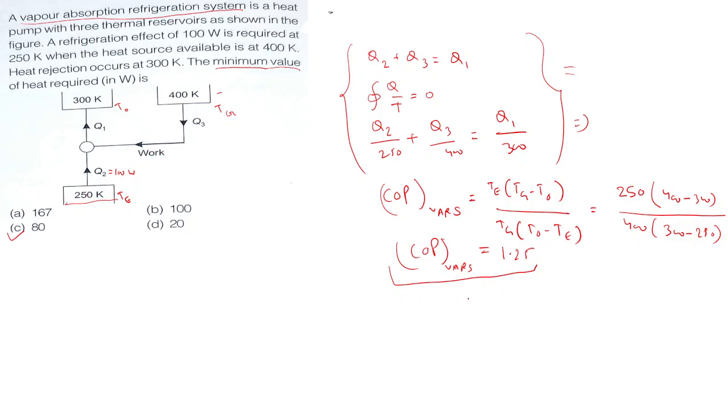We know the refrigeration effect. So what is the COP? COP is the refrigeration effect by energy input, so Q2 by Q3. COP we know, Q2 we know, and Q3 we can easily find: 100 by 1.25. 1.25 we can write as 5 by 4, so 80 will come here. It is in watt.